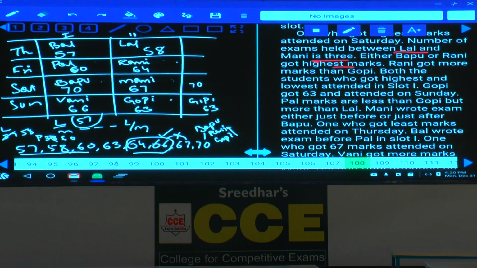Then 115 to 119. Now in this 115 to 119, syllogisms, tell me which one I should explain out of these, question numbers 115 to 119.